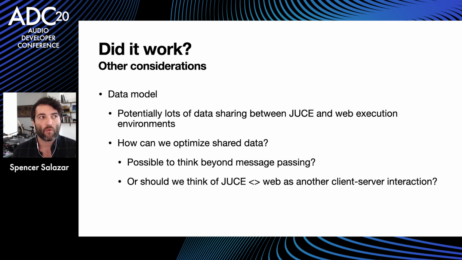Or is there a way where entire data models can be represented on both sides and have updates to those be reflected across the two? Or is it more beneficial to think of Juice as a server that the web client is then connecting to? And essentially you have a multiple server client model where the web is a client of Juice and the web is also a client of your backend server. A couple ways to go about it there.